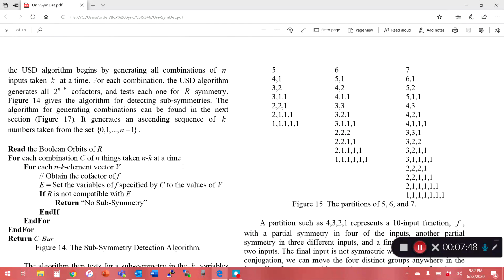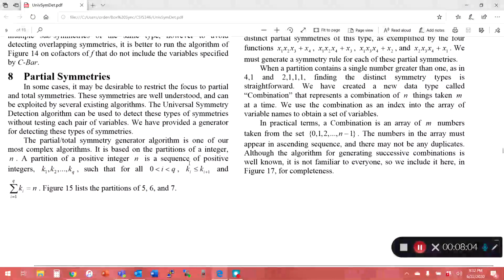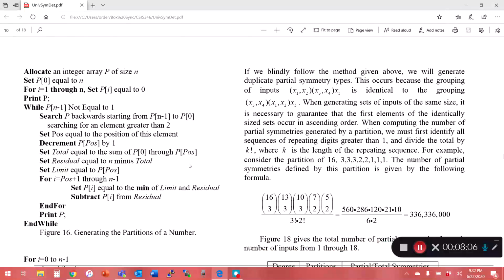If I have 1, 2, 3, 4, I would never generate 3, 4, 1, 2. I would always make sure that the pair with the lowest number in it comes first, and so forth. Once I've done that, I've got all my partial symmetries.